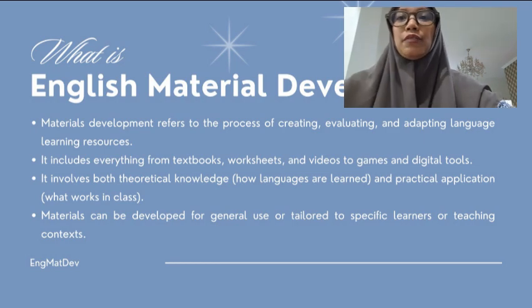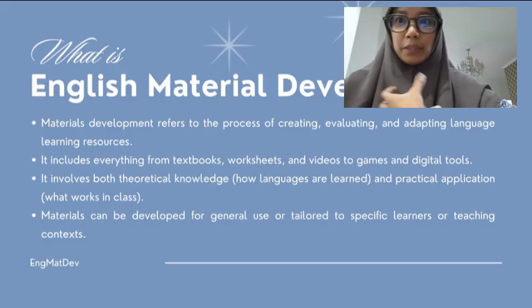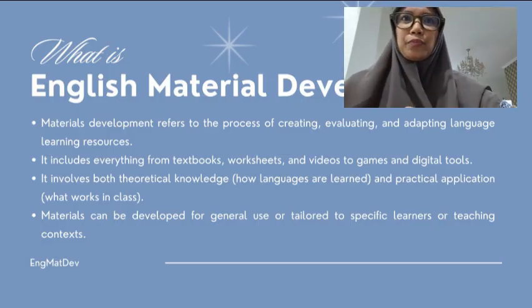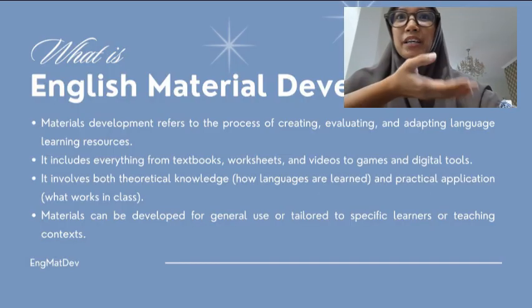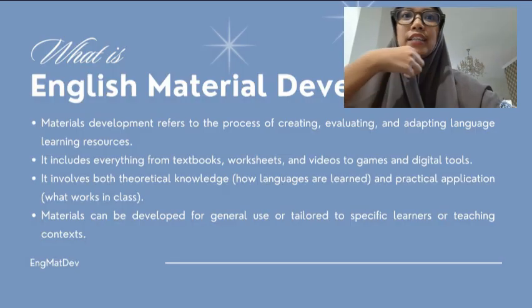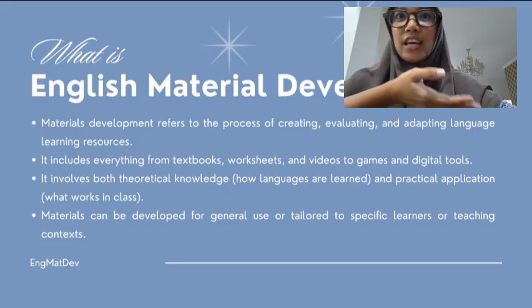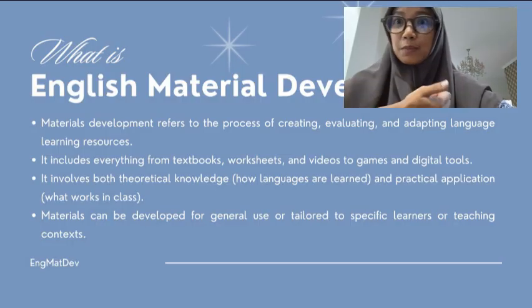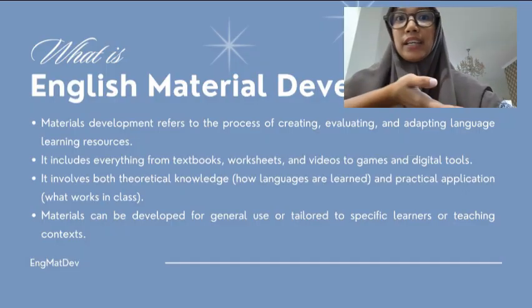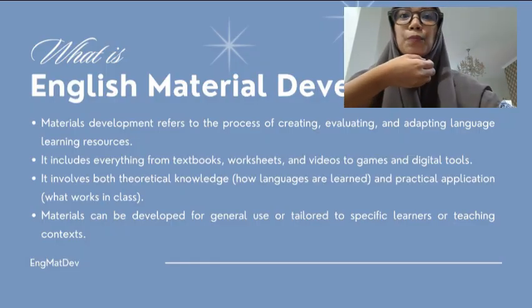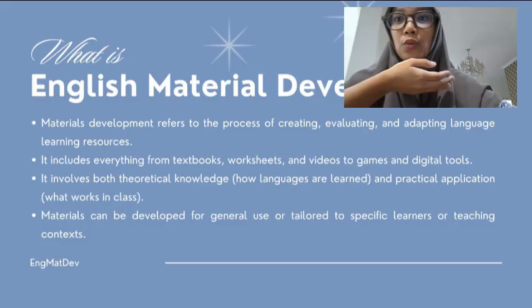So, in the first slide, what is English material development? What do we mean by material development? It's the process of creating, evaluating, and adjusting things like textbooks, worksheets, videos, or even online games like Kahoot or WordWall.